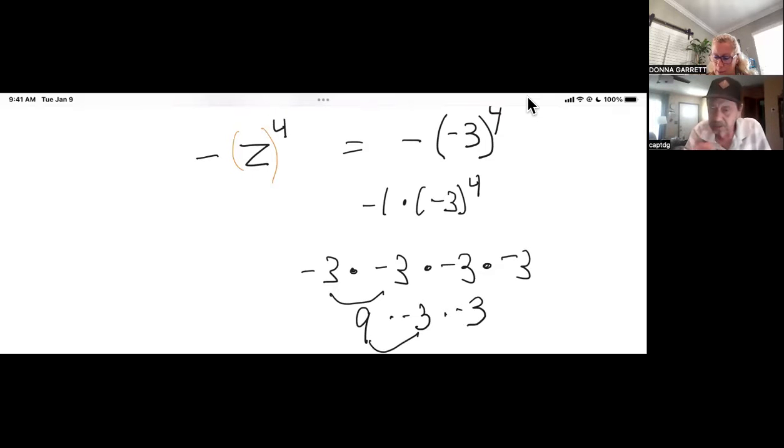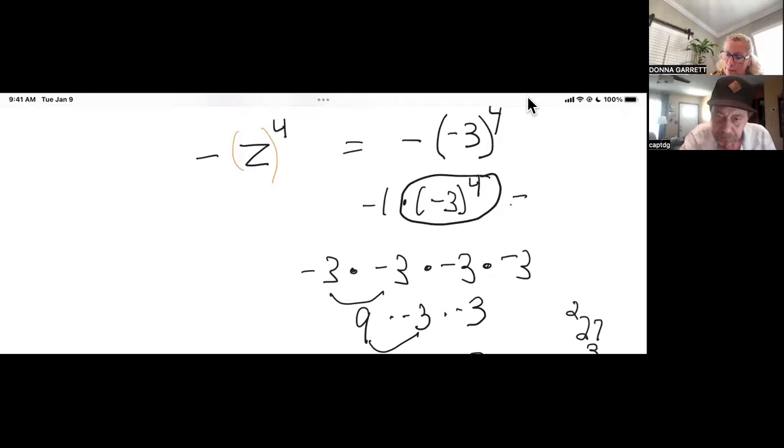And that would be -27 times -3, and that would be 81. Okay, that'd be positive 81, right? But I still have this negative. This is positive 81, so I have -1 times 81, which makes -81.